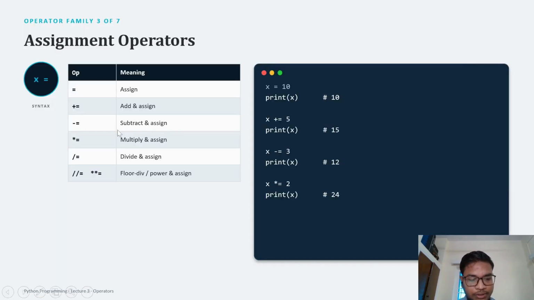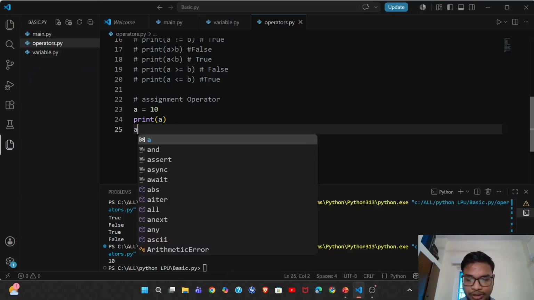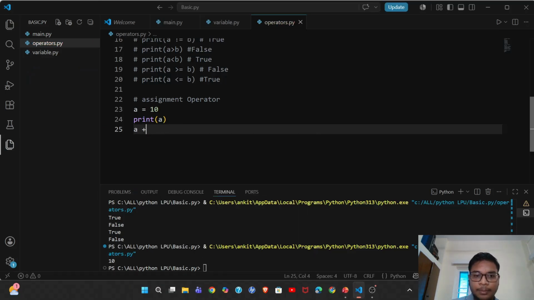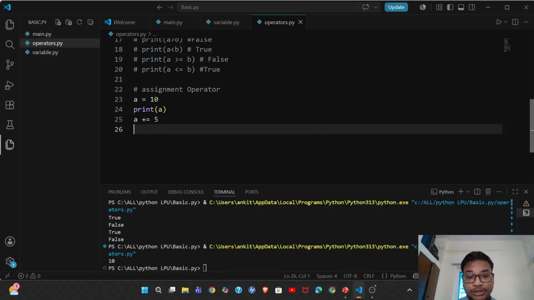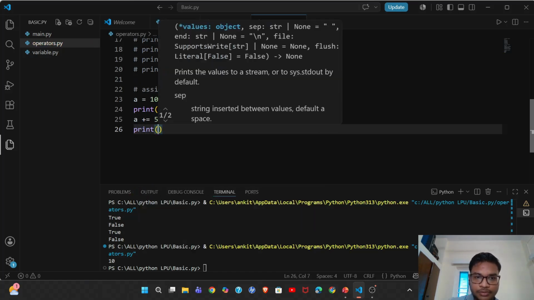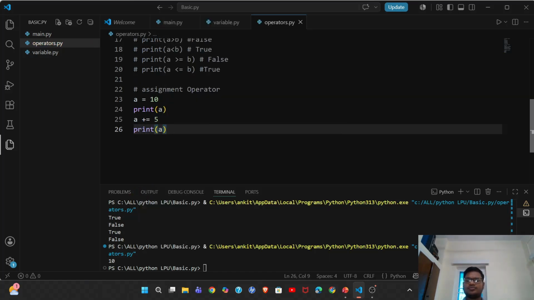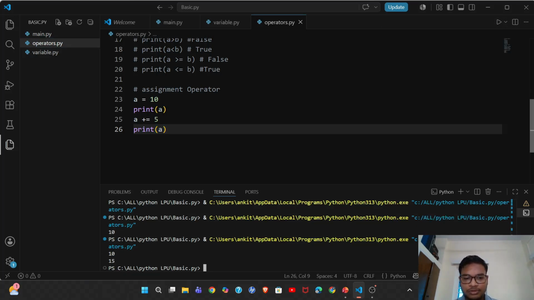Plus equal to. So a plus equal to 5. Then what is the value of a? Just think two to three seconds and tell me what is the value of a. The value of a now is 15. That assigns some value, that is 15, correct?